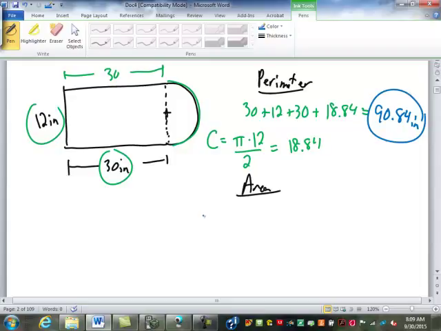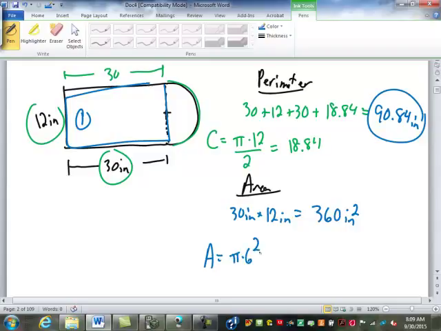Okay. Area. We have the rectangle, which is 30 inches by 12 inches. 360 square inches. Then the half circle is going to be pi times 6 squared. Where did the 6 come from? Half the 12. It's the radius. Pi times radius squared for area.